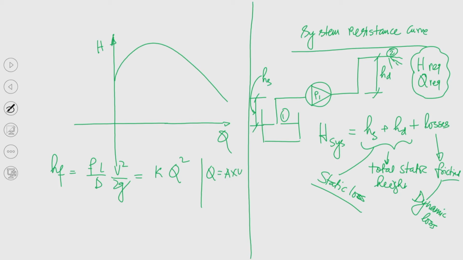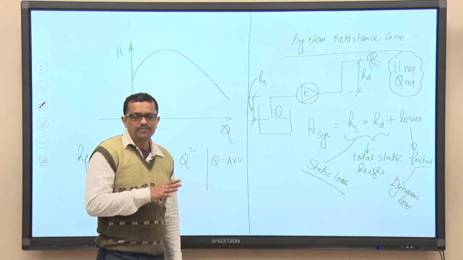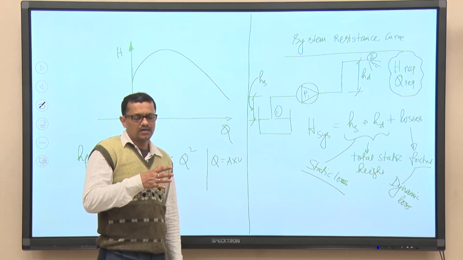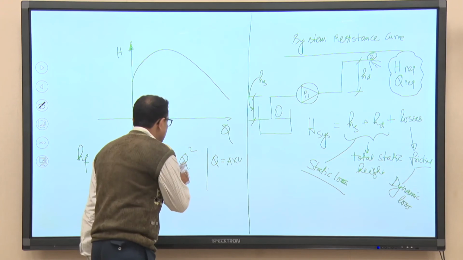So, this k is basically the loss coefficient, fine. We have also seen that this constant k will be different for bends and for different types of valves, whatever the losses are because of bends and valves, ultimately that is k q square.